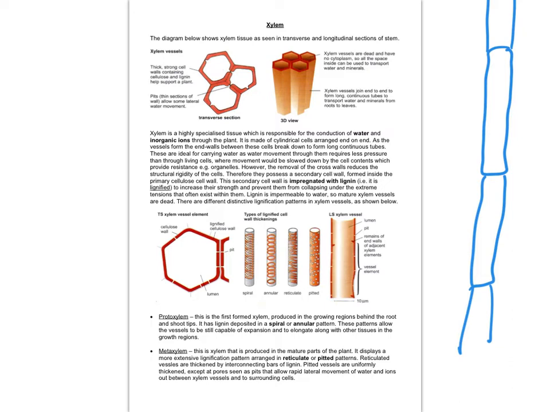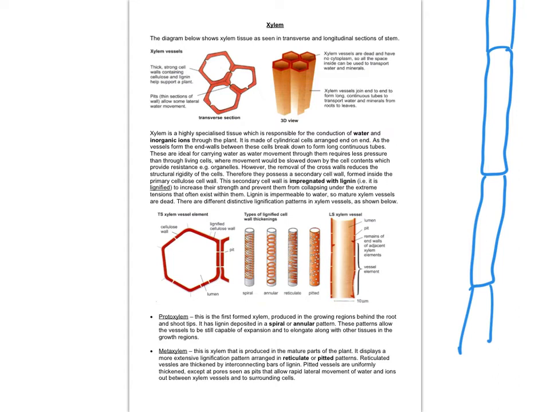Now, lignin, have you heard of lignin? Anything to do with that? No? Lignite? No? Okay, so lignin is a chemical. It's really a woody substance. Plants, like trees, have got lots of lignin in them because the tree trunk is nearly all xylem vessels.